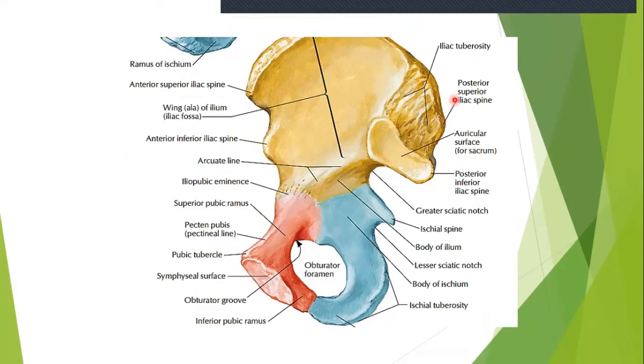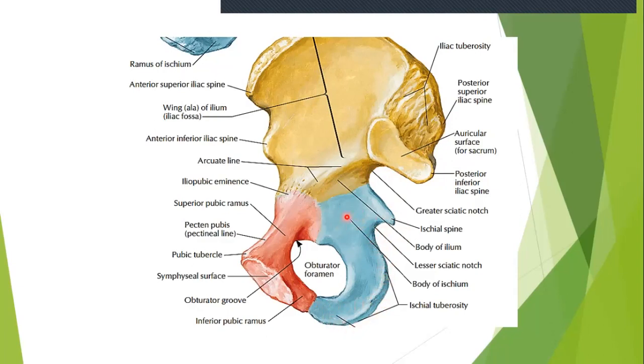Then we have the iliac tuberosity and the auricular surface, where it articulates with the sacrum to form the sacroiliac joint. You can see the posterior inferior iliac spine and the posterior superior iliac spine. This is the greater sciatic notch and the lesser sciatic notch. Between the two is the ischial spine. Then here we have the ischial tuberosity.